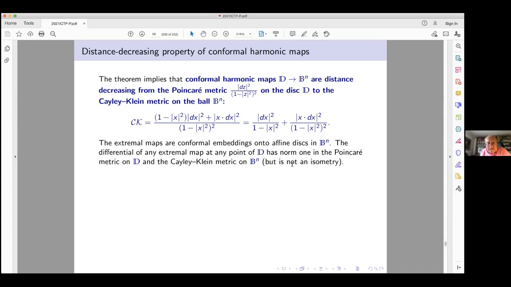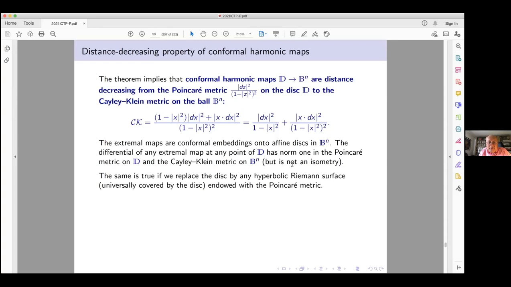But if you take the differential in all directions, then it is an isometry in that sense. Okay, the same is true if we replace the disk by any hyperbolic Riemann surface universally covered by the disk, endowed with a Poincaré metric, because I just go to the universal covering, which is the disk.